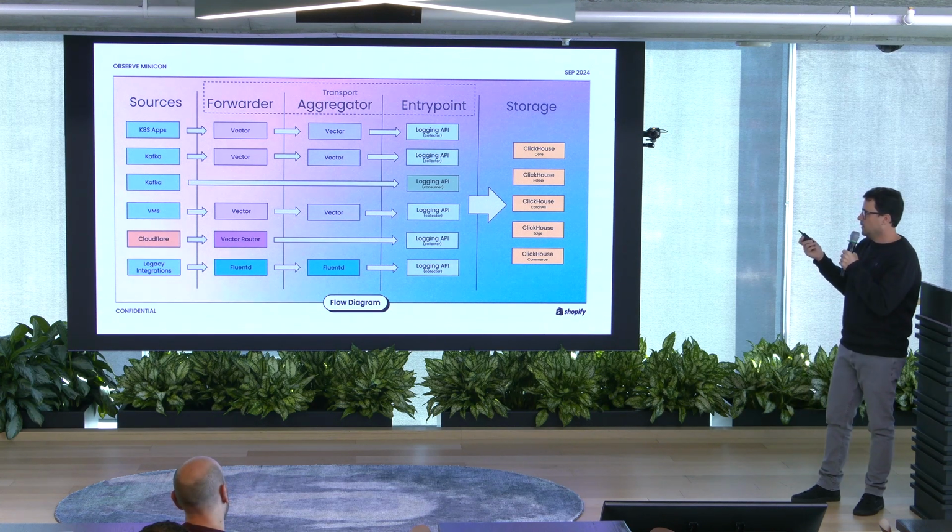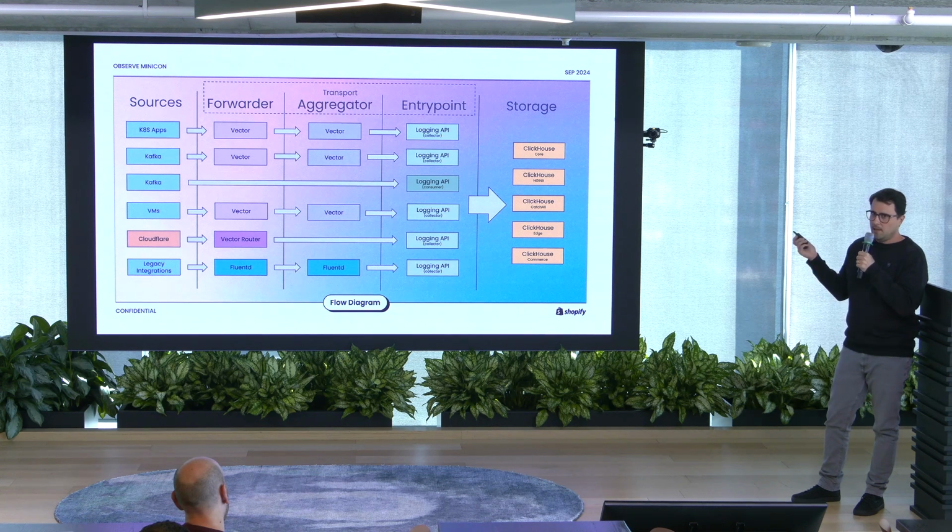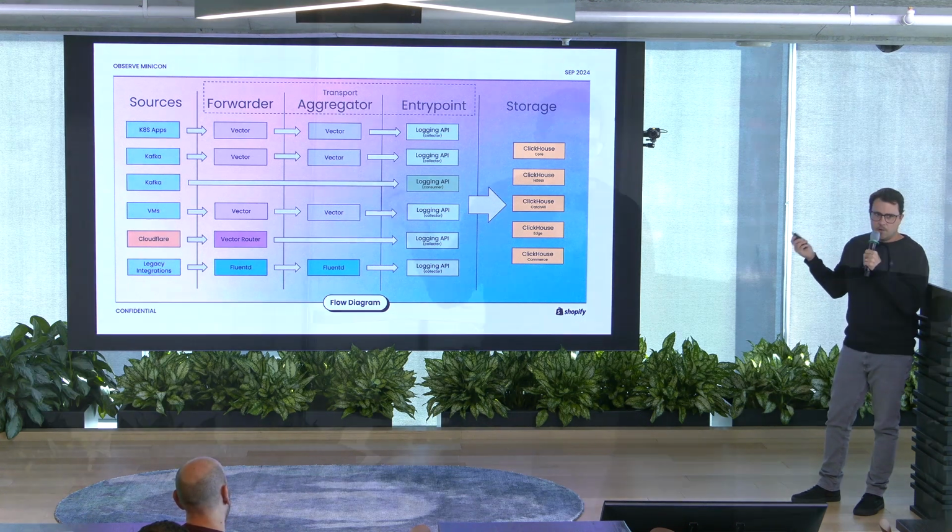We don't need external components. That was a recent change that we did, which allowed us to reduce cost. We don't need extra compute and so on and so forth. And it also improves the resilience of the pipeline.